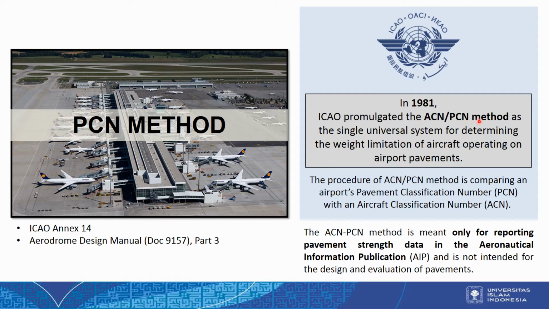Why? Because the procedure of the ACN-PCN method is comparing an airport's PCN with an ACN, or comparing the pavement classification number in an airport with an aircraft classification number.